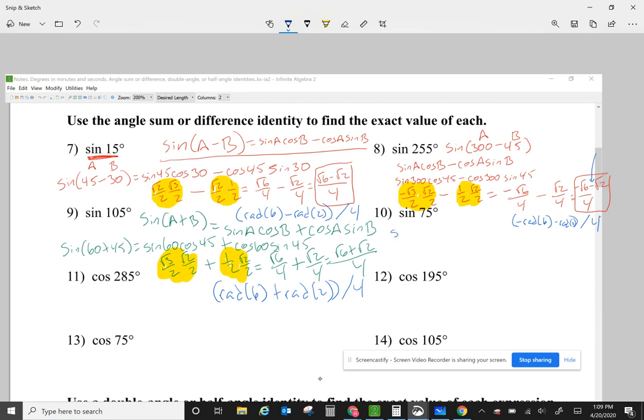I'm just going to do sine of 45 plus 30. That gives me, according to a formula, sine of 45 times cosine of 30 plus cosine of 45 times sine of 30.